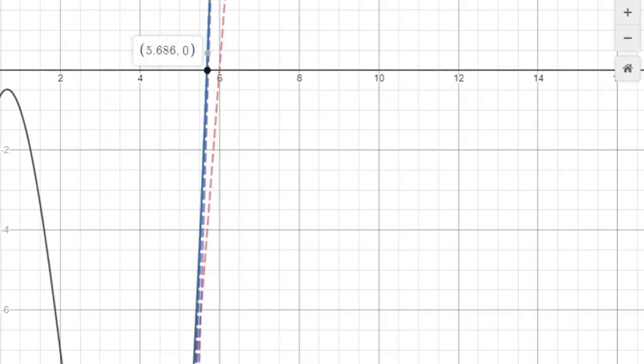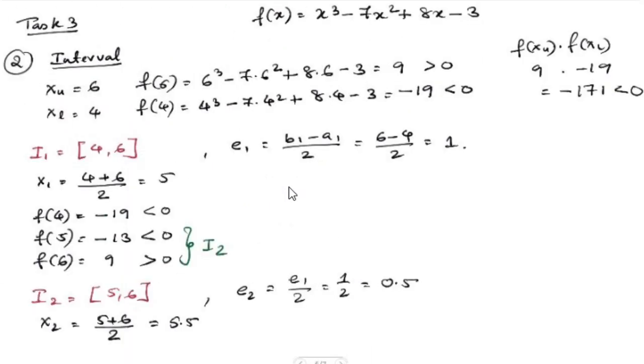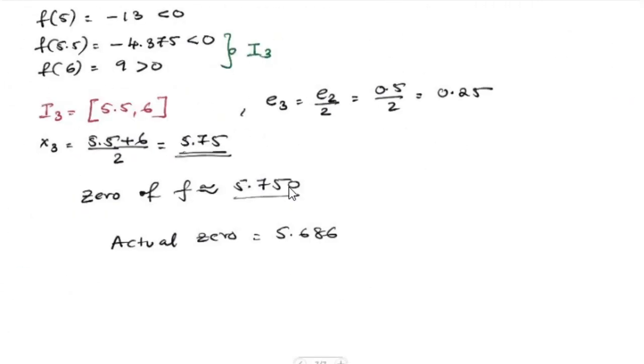According to the graph it's 5.686, but for our value we got 5.750 for the bisection method, and for the Newton-Raphson method, again if I write here, the actual zero is 5.686. So you can see the Newton-Raphson method converges to the actual zero faster than the bisection method if we are just considering 3 steps.